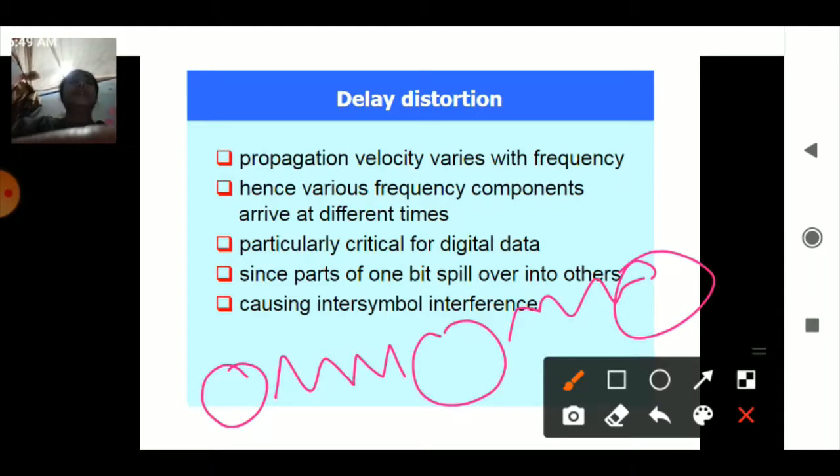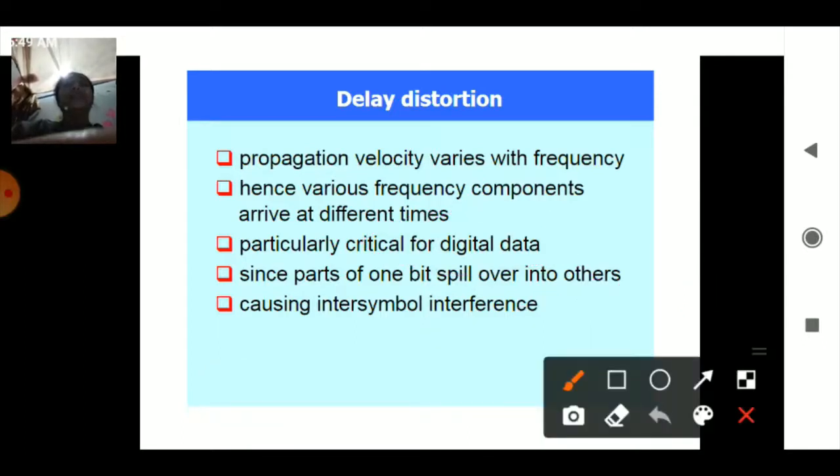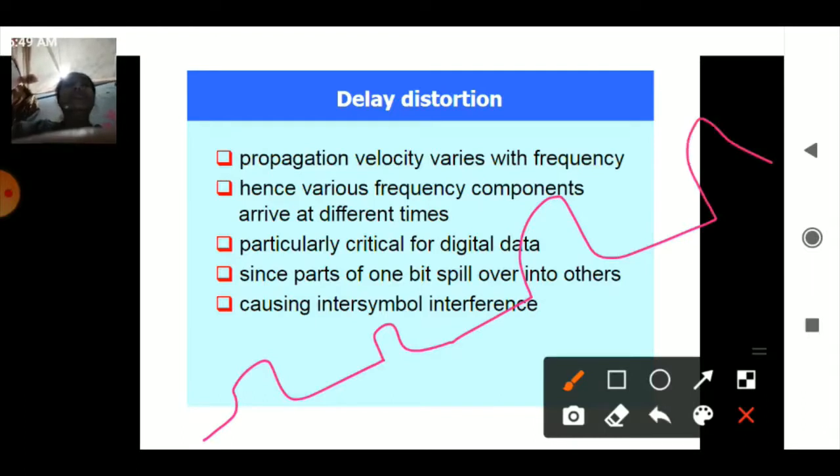The frequency may vary. It is particularly critical for digital data that the waveforms remain the same when the data is transmitted. If amplifiers are not present, your data will spread out and your digital format may get disturbed at each and every level.